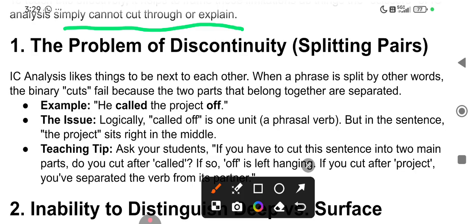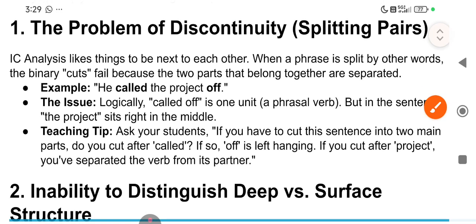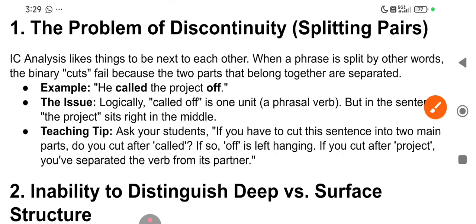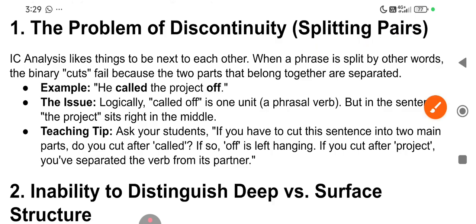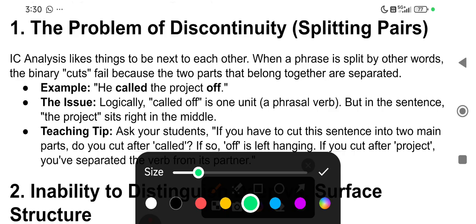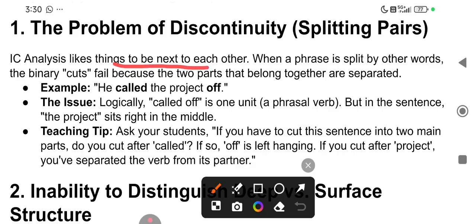So what are the problems we are going to discuss? Why, at some points, is IC analysis mute? Let us see. First is the problem of discontinuity, or splitting pairs. Why? Because IC analysis likes things to be next to each other. It is comfortable with things being next to each other.